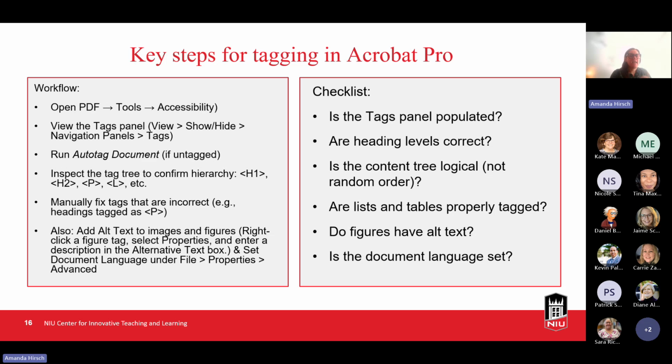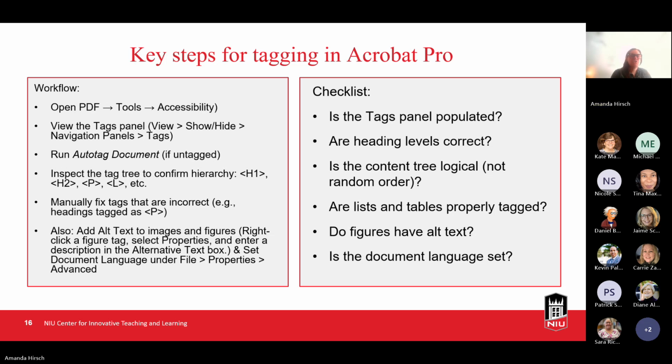That shows how Acrobat interprets the document structure, including headings, paragraphs, lists, tables, figures. And then reviewing that can help you determine whether the document's been tagged appropriately or whether you need to fix that.